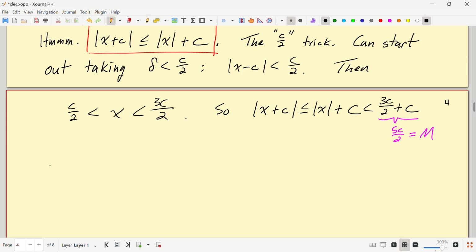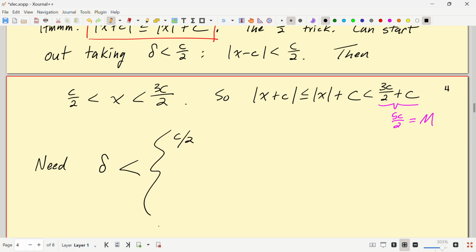I wanted delta to be less than c over 2, and once I have that, then I can bound that other thing, and I also want it less than epsilon over m, which would be epsilon over 5c over 2.